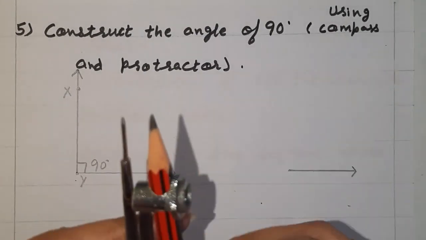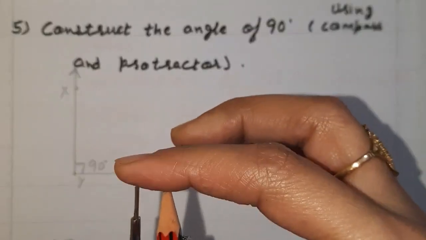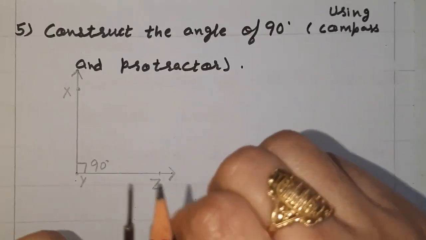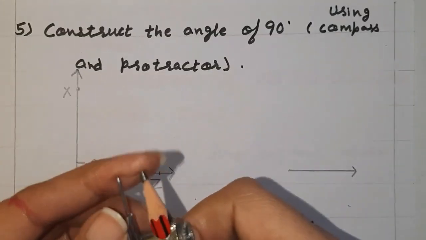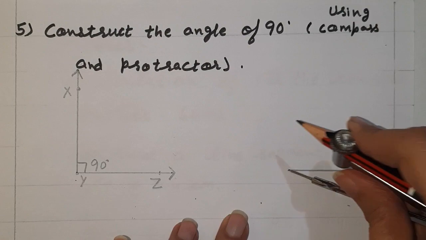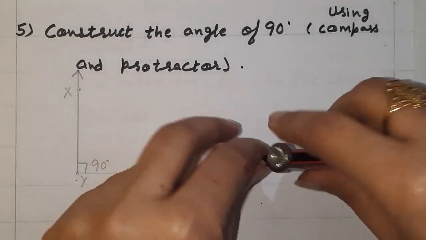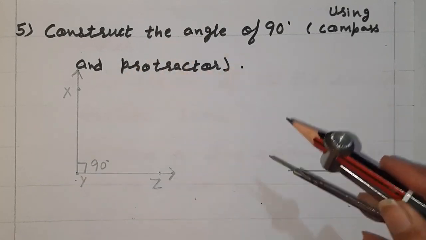It should not be that the pencil is going beyond the tip, or the metal tip is going beyond the pencil. Tighten it. Now put the metal end of the compass, open it with some suitable radius.